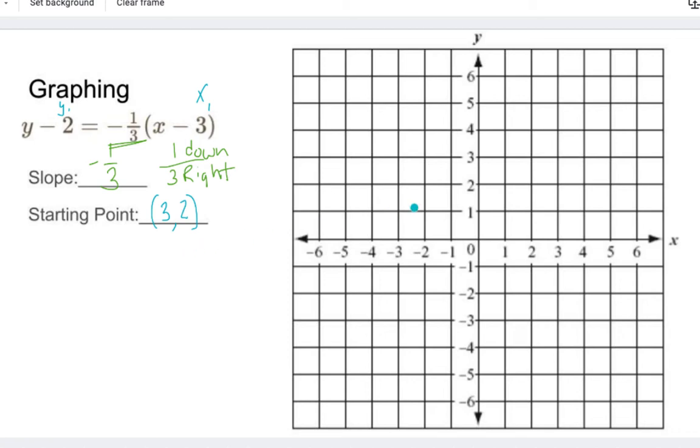So we go 3 over, 2 up. We have our starting coordinate, 1 down and 3 to the right will bring us to another coordinate. Again, we only need 2 points. After that, we can just draw the line through the 2 points. There are arrows on each end because it does go on for infinity.